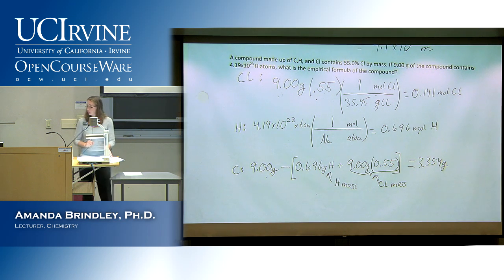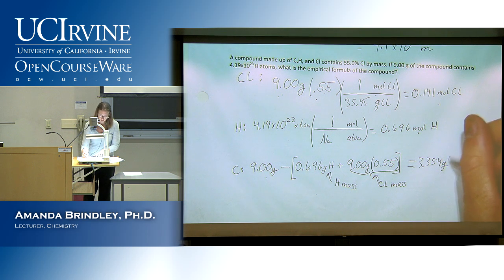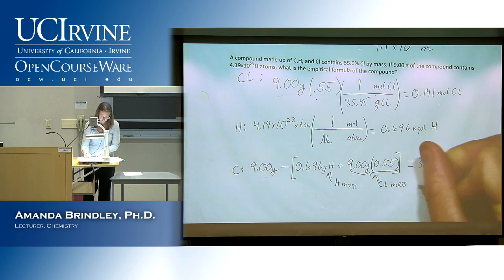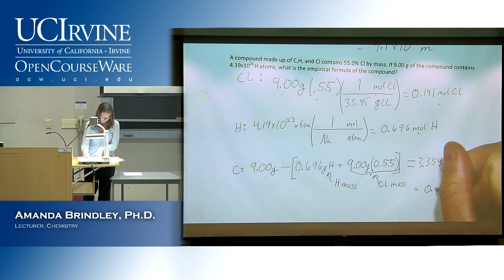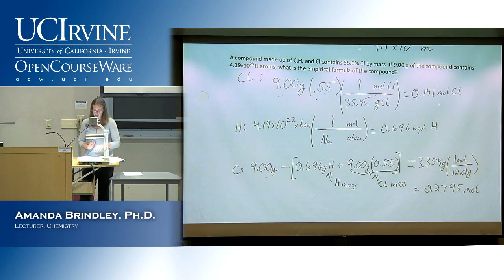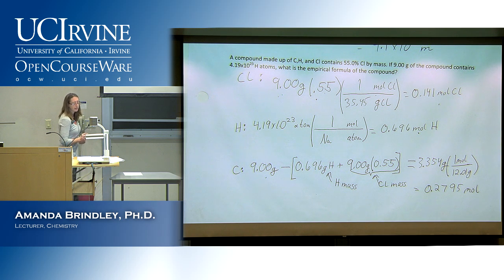And then to compare it, what do we have to do? Convert to moles. And so now we have all our mole values, so how do we find the empirical formula?